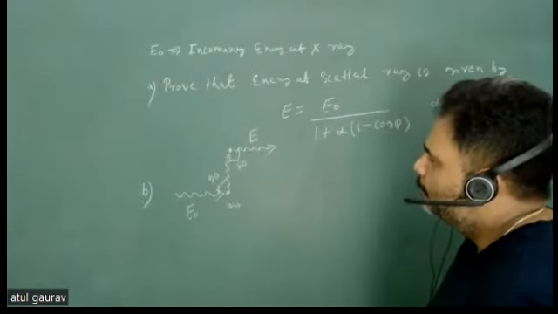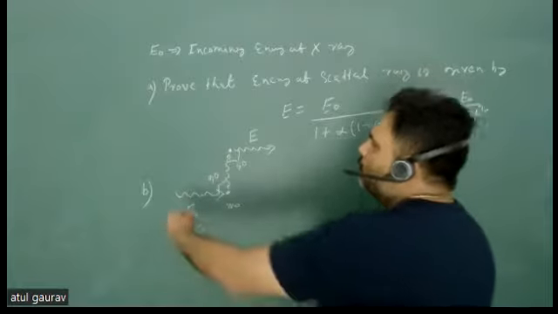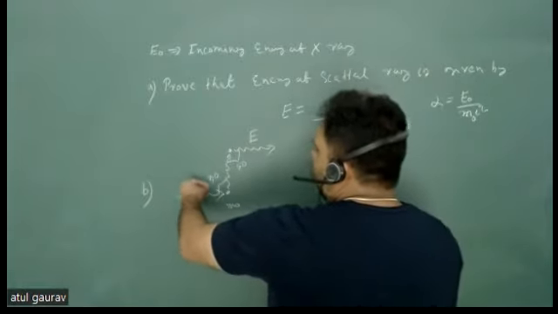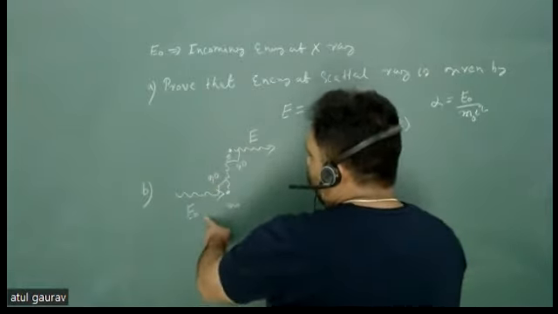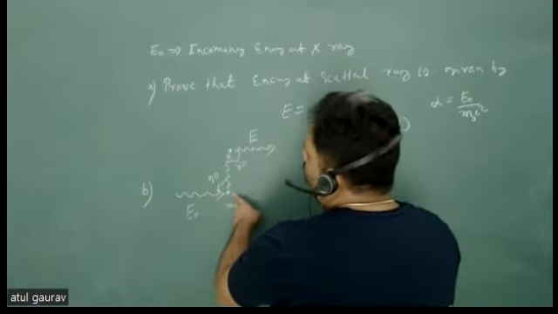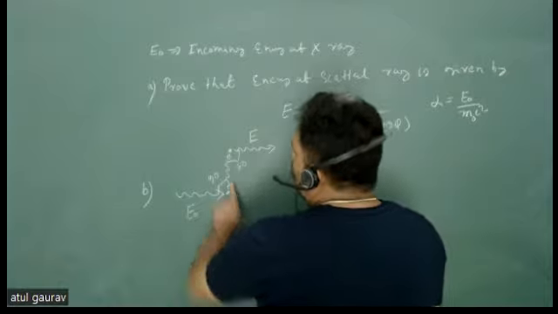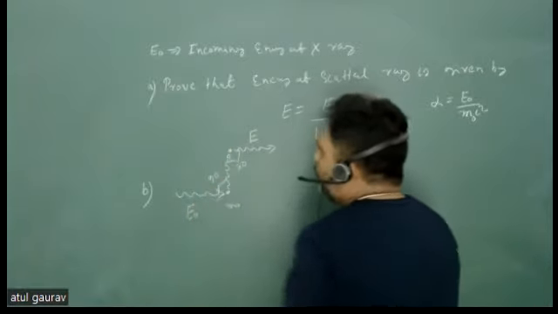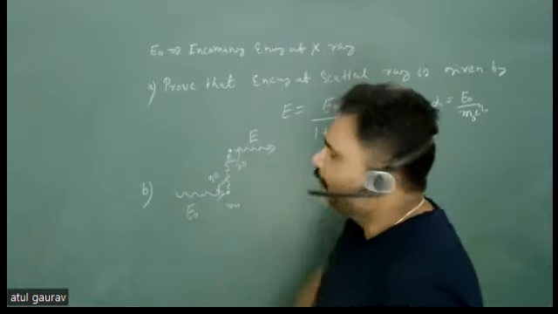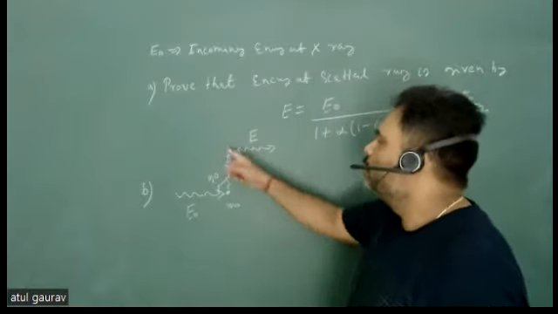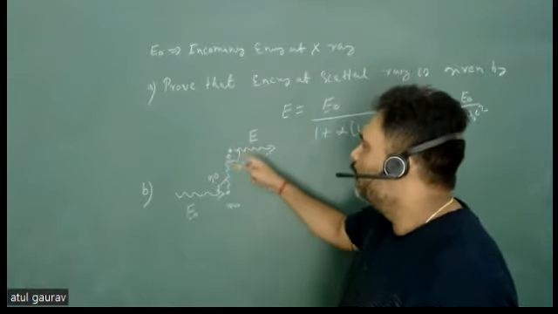Sir, please repeat the B question once. I am telling you in B: an X-ray is coming with energy E naught, which is going to collide with an electron. After the collision, it will go at 90 degrees. And in its path, there is another free electron, and again it is scattered by this free electron at 90 degrees.